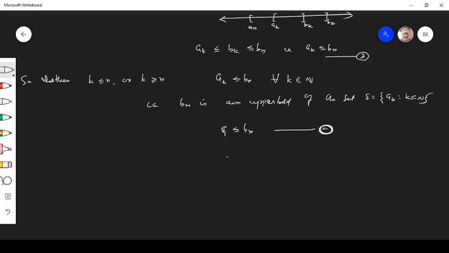Now you just keep varying N. For some fixed N we have psi is less than or equal to Bn. Now keep varying N. Whatever Bn you take, psi is always less than or equal to Bn only.